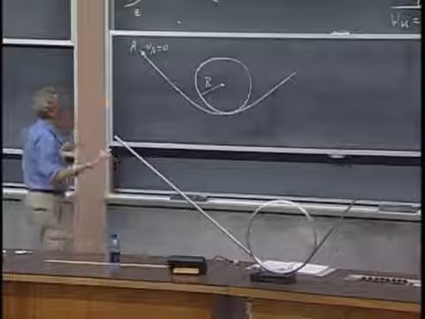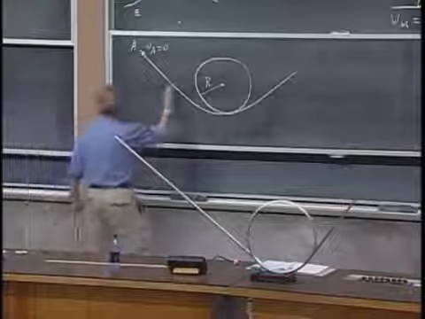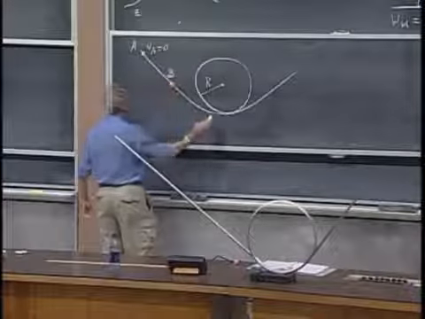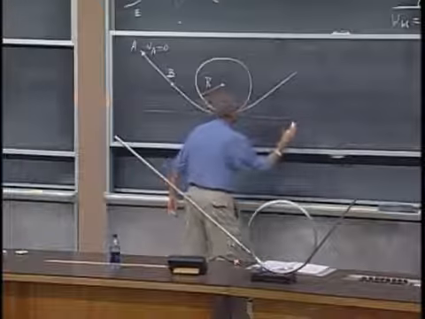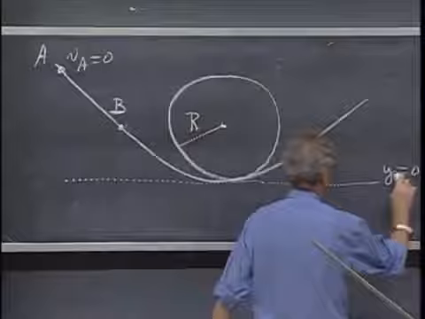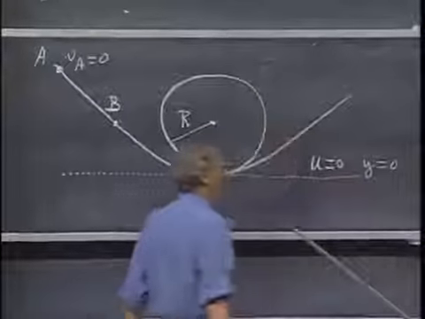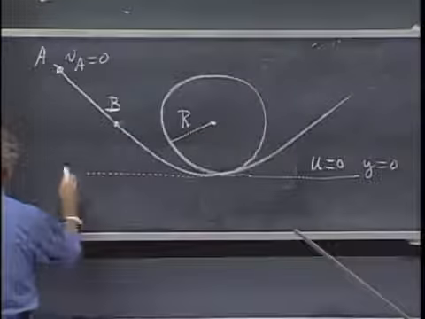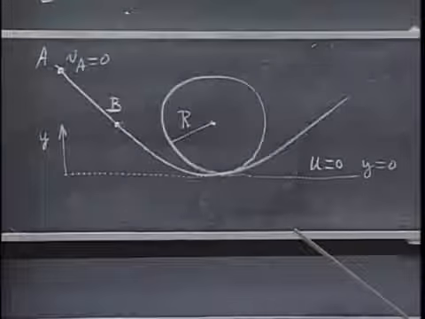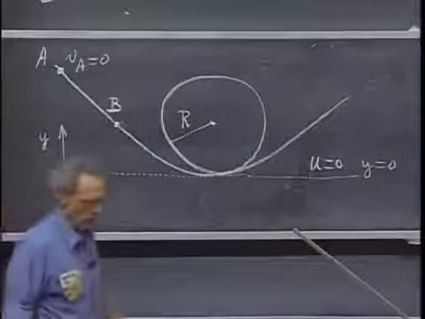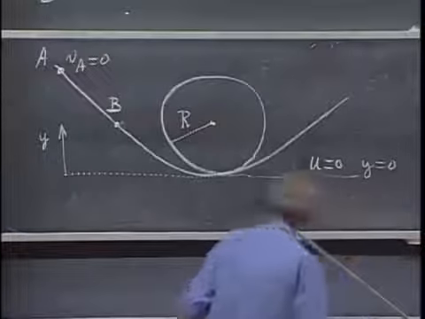I assume that there is no friction for now. This point be B. And I define here y equals 0, or what is even more important, I define that U equals 0. And this is the positive direction of y. At A, the object has no velocity, no speed.